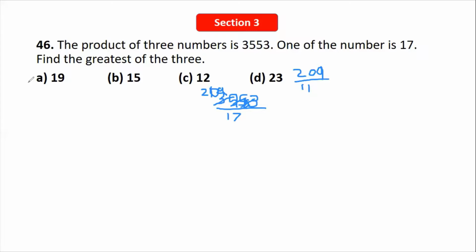So we want to find the largest number. We have 11, 19 and 17. 19 is the largest, so that is the answer. Now I'll erase and go to the next.